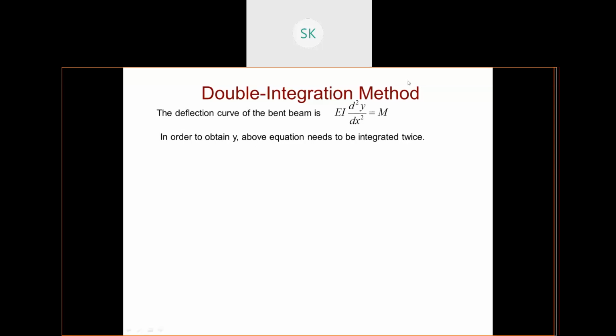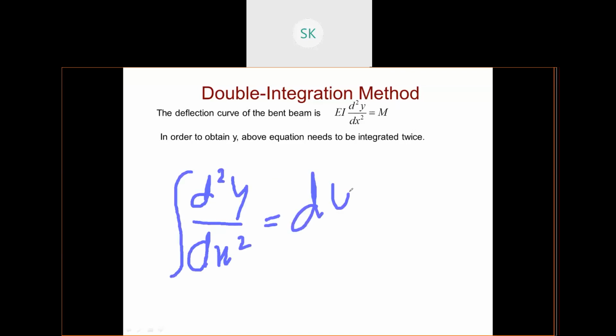Why? Let me note. I'm taking yellow color. So what is d square y by d x square? When you integrate this once, it becomes dy by dx.